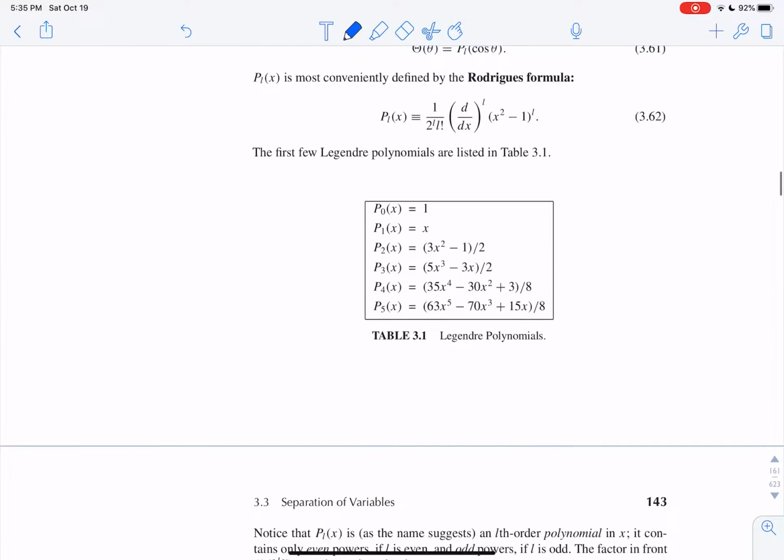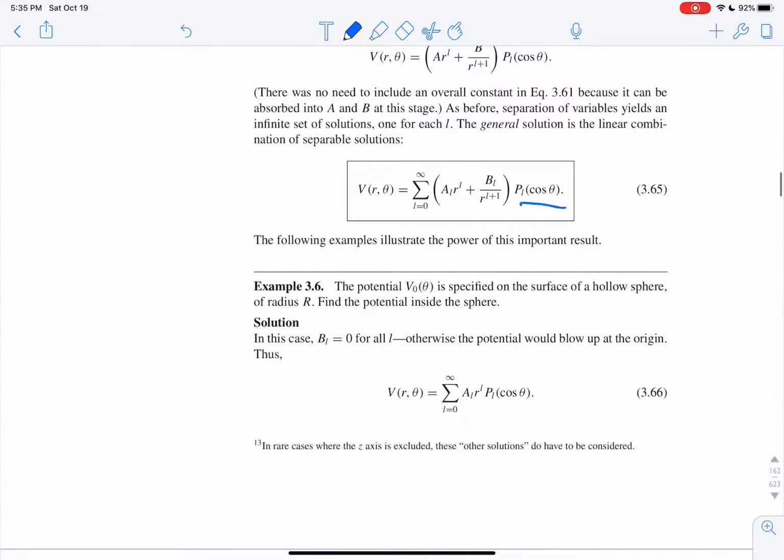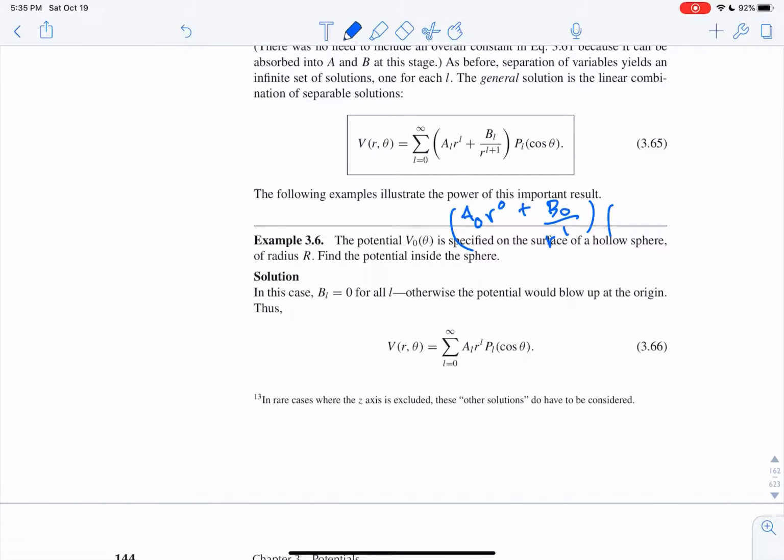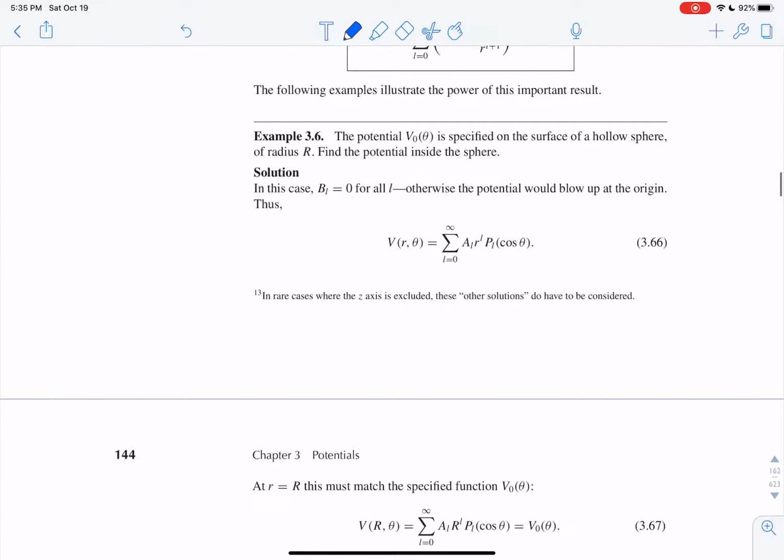When it says P_L of cosine theta, you replace x with cosine theta to get your Lth term. If you added a few of these together, you'd have A0 r^0 plus B0 over r to the 1 times P0 of cosine theta, which is just 1. So that's your first value. And those are your coefficients A and B that you use to satisfy your boundary conditions.